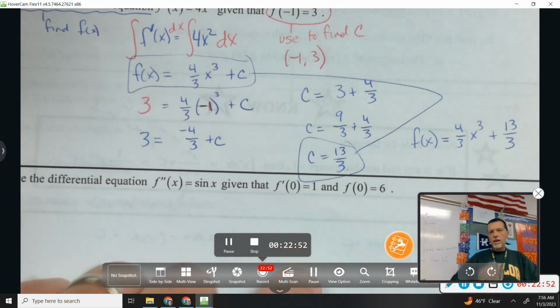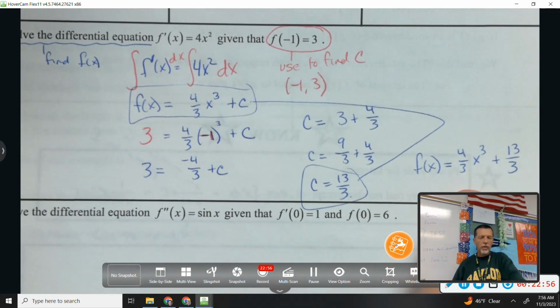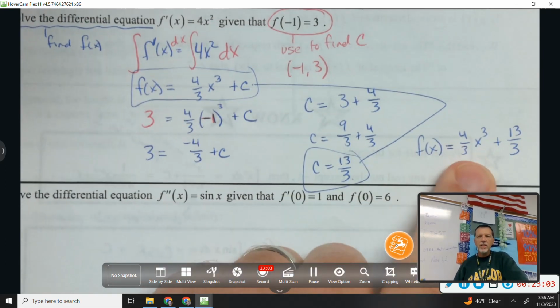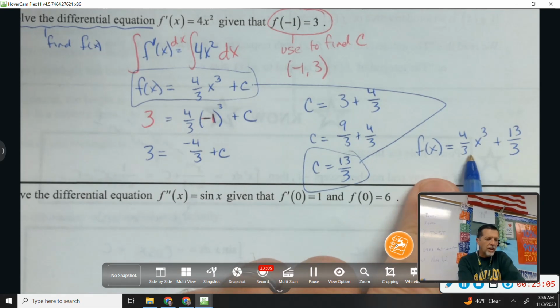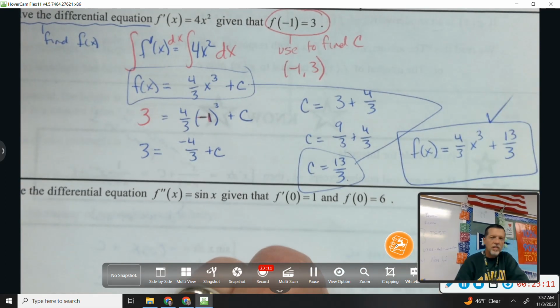This would be another one that you could check. So you take the derivative of that, and you would get 4x squared. Check. If I plug in -1, I would get -4/3 plus 13/3. That's 9/3. That's 3. So we're good.